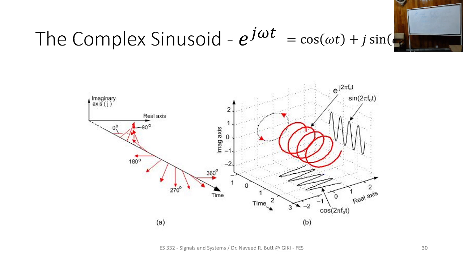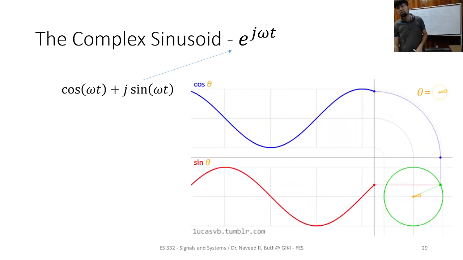Sine function. If you throw light from above, we get its projection on the real axis, वो क्या बनेगी? Cosine function. And if you look at it from the front, तो आपको वो circle जैसा नज़र आएगा.